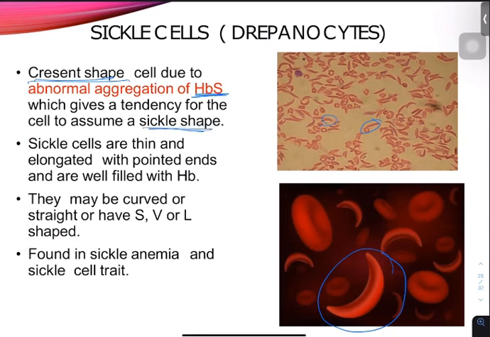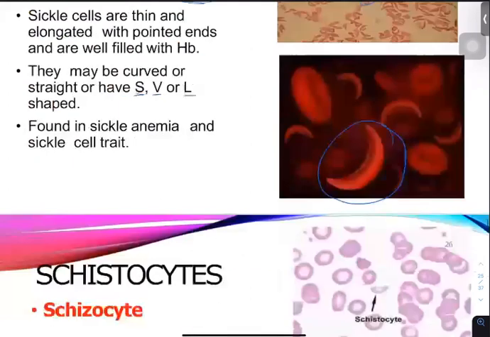It is thin and elongated with pointed ends and are well filled by your hemoglobin. They can be seen also in other shapes like your S, V, or L shapes. Okay? Usually found in sickle cell anemia and sickle cell trait. Okay? Also known as your drepanocytes.